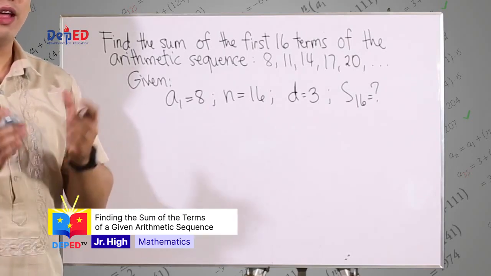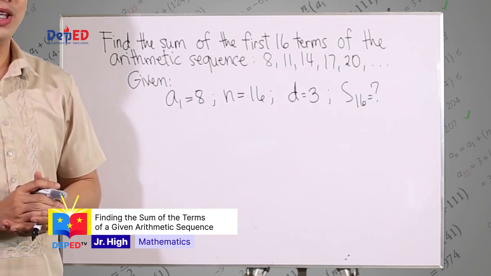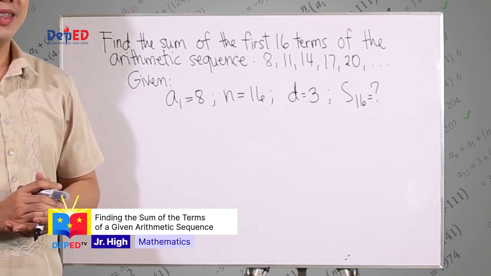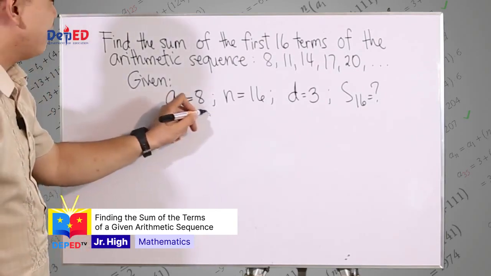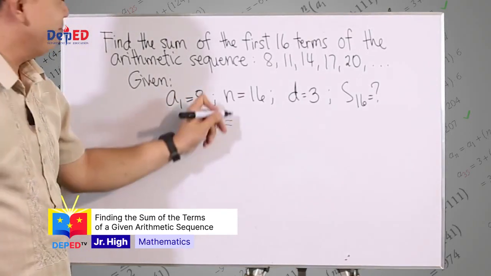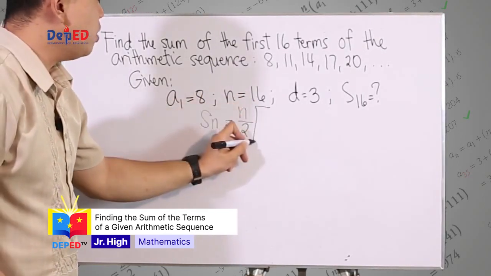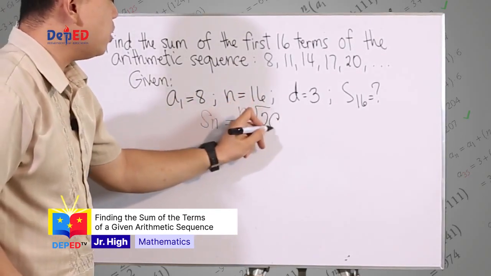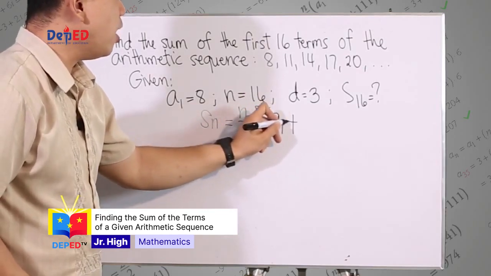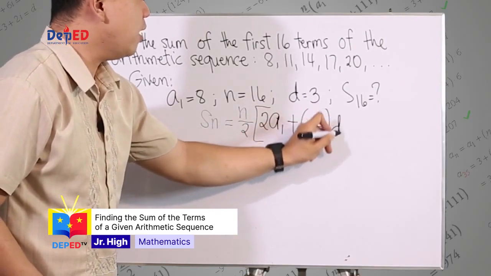Notice that the last term is not given, so we will use the formula s sub n is equal to n divided by 2 times the quantity 2 times a sub 1 plus n minus 1 times d.